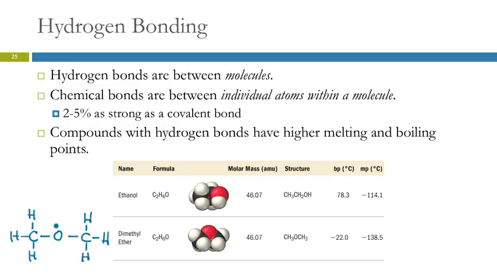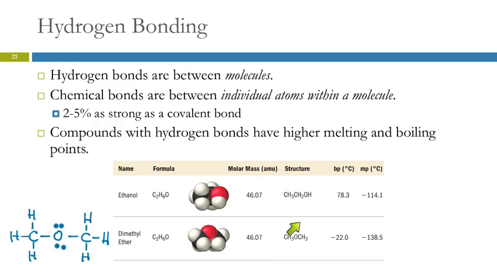The reason this is polar is because there's lone pairs on the oxygen. Is there a hydrogen-oxygen bond within that molecule? No. It's got hydrogen, it's got oxygen, but they're not bonded to each other. This is a polar molecule, but no hydrogen bonding.